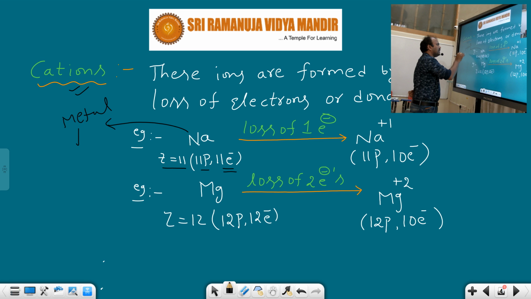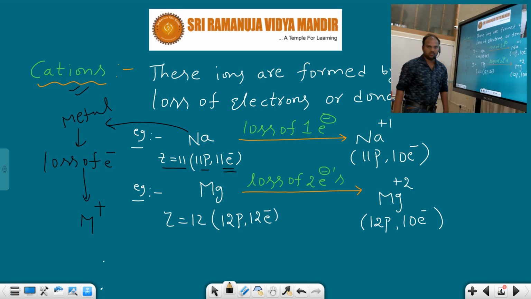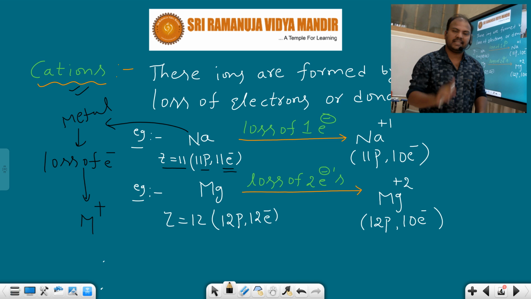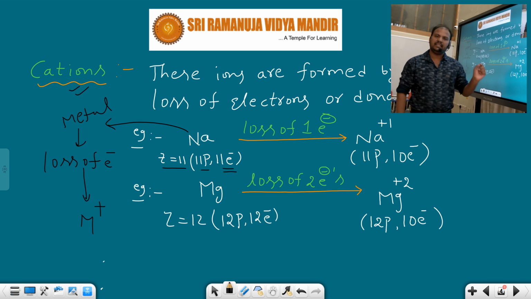Metals are always capable of losing electrons. Metals have a tendency to donate electrons. When metals donate electrons, they get a positive charge. If a metal donates 1 electron, it gets charge +1. If it donates 2 electrons, +2. If 3 electrons, +3. If 4 electrons, +4. So whenever loss of electrons takes place, the metal gets a positive charge.